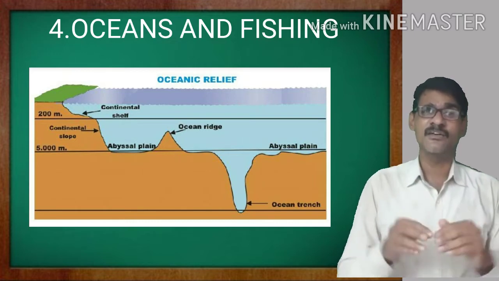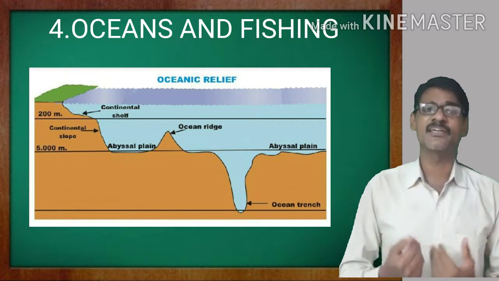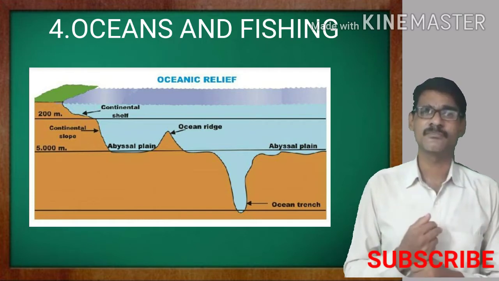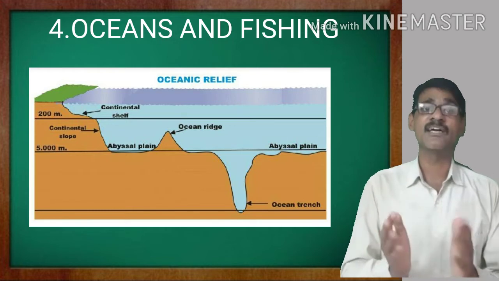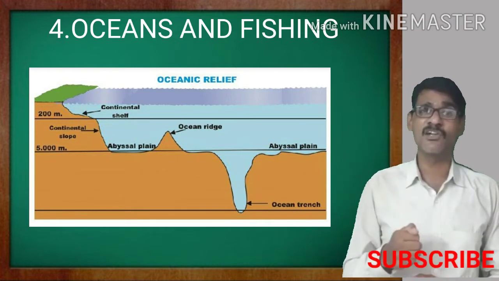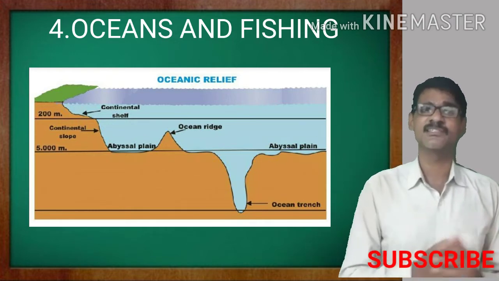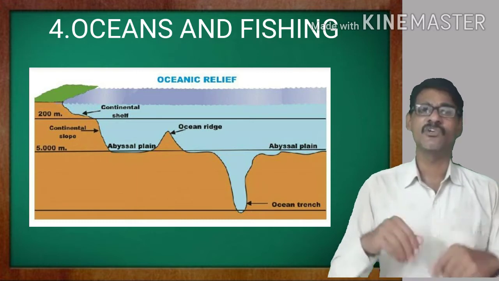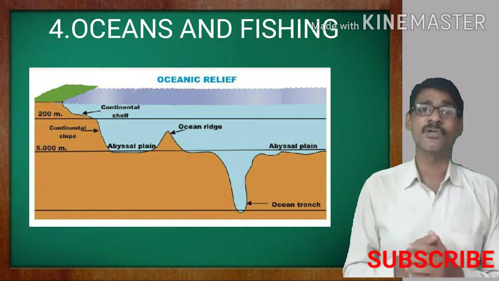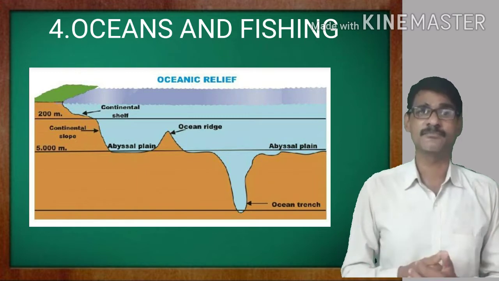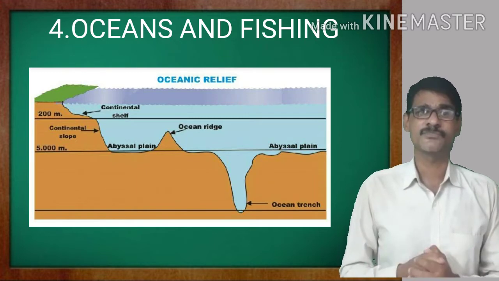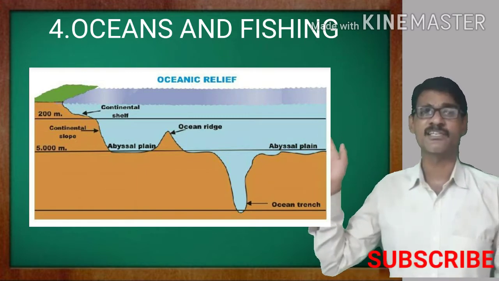There are many deep trenches in the oceans. If we place the highest peak in the world, Mount Everest, in a trench, it would drown. That is the depth of those valleys. So these are the relief features of oceans.